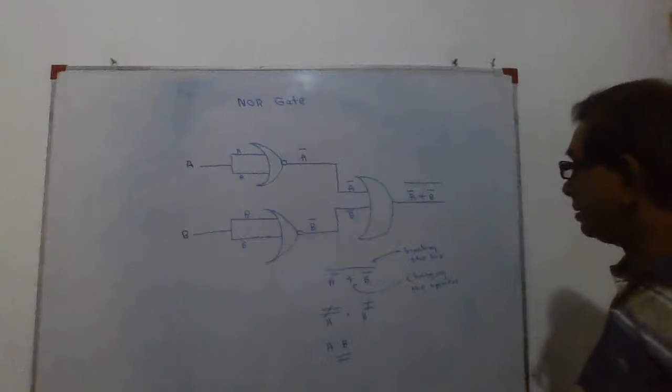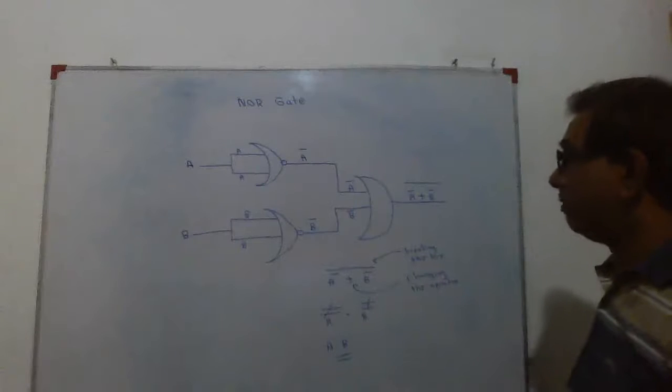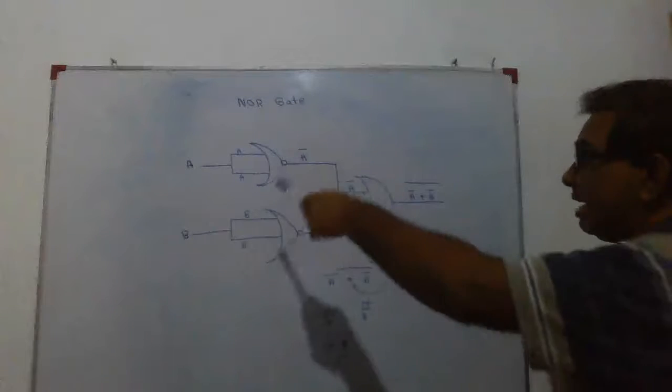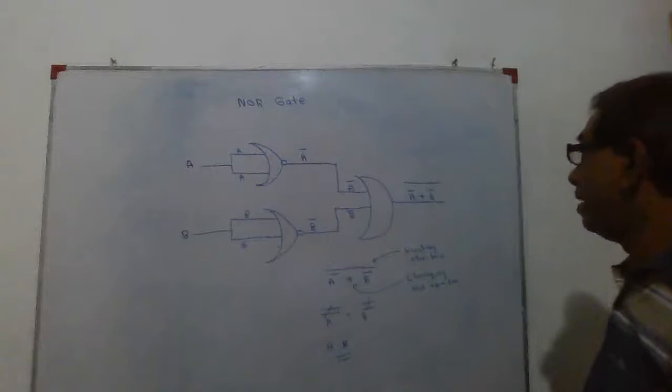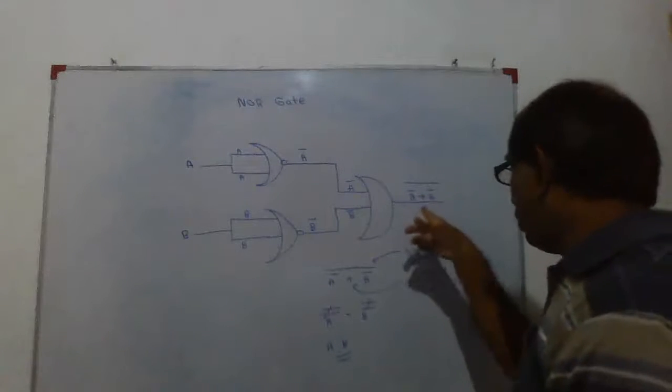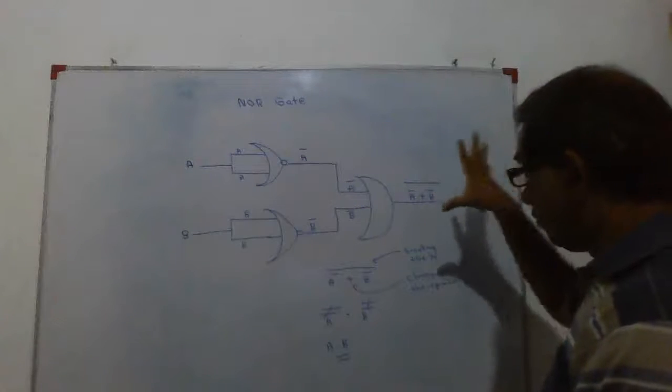Because if you put them in a truth table, what you need in the truth table, you need A and B, then A bar and B bar, then A bar O B bar, and again A bar O B bar full dash.